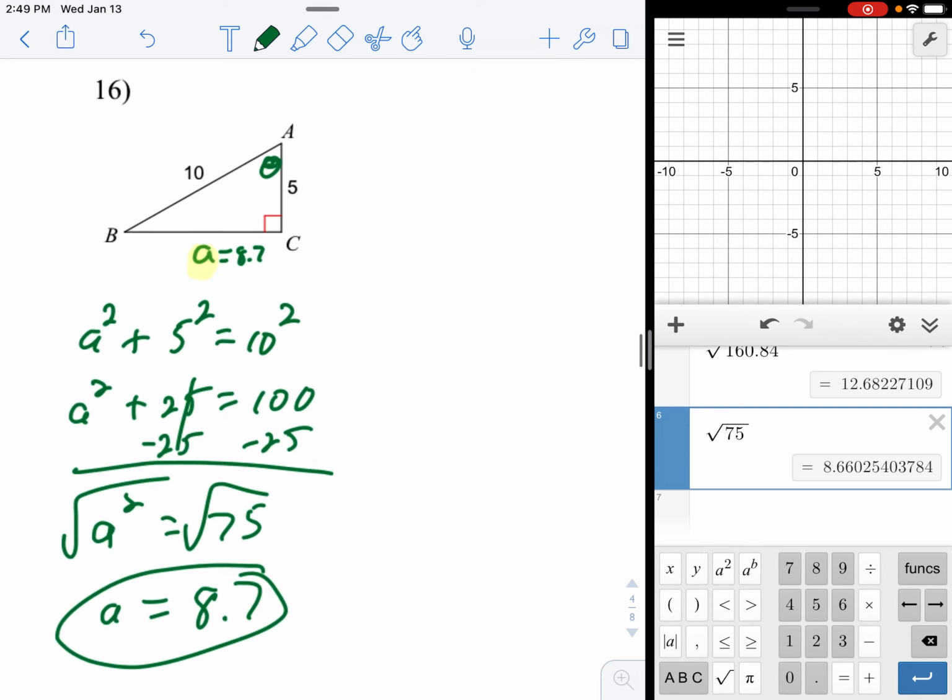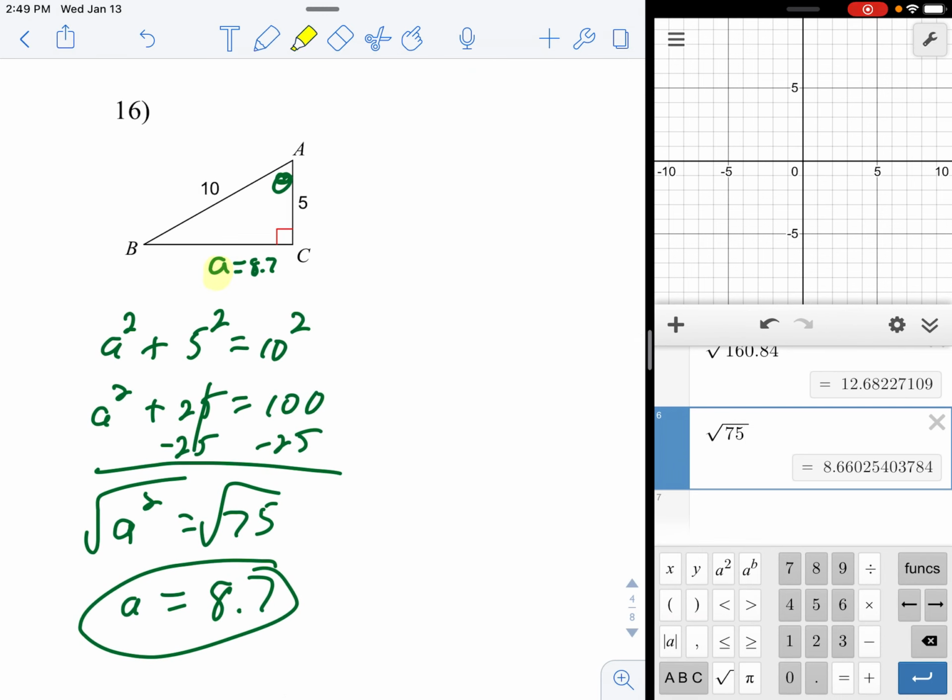I'm not going to use the 8.7. Number one, it's a decimal, which is more work. Also, potentially I got it wrong. Do I want to use a wrong answer in calculating other parts of the problem? Not really. So I'm going to use the 5 and the 10 here.